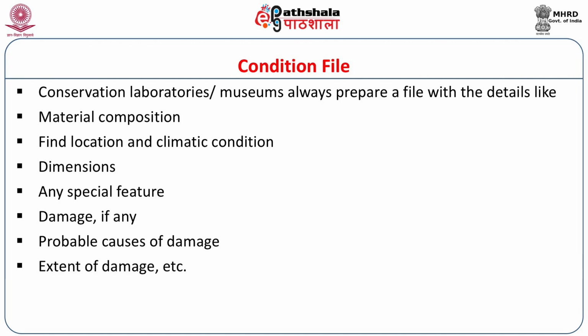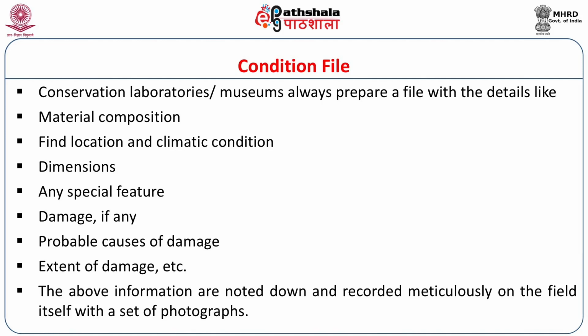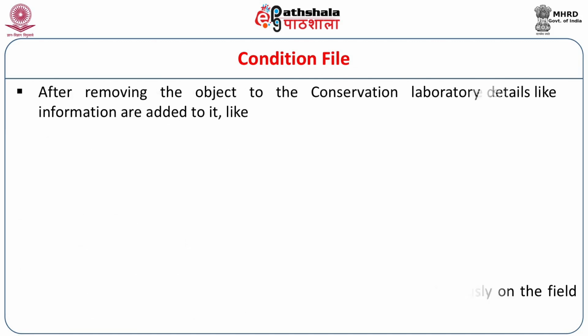And the next point is to find out the extent of damage. The above information is recorded meticulously on the condition file with a set of photographs also. And before treatment, a photograph should be taken and it should be pasted in the condition file.